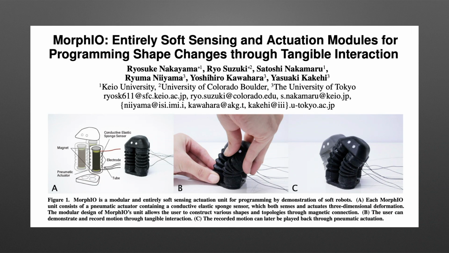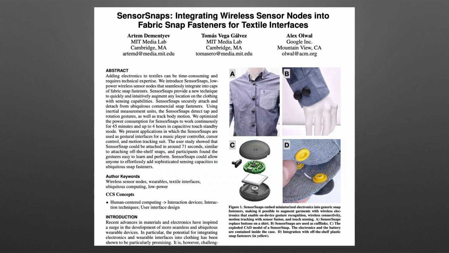So this is a paper that's talking about actuation and sensing with this deformable, shape-changing object that they've created. Here's another one that's talking about using these fabric, textile buttons with electronics inside of them, sensors.